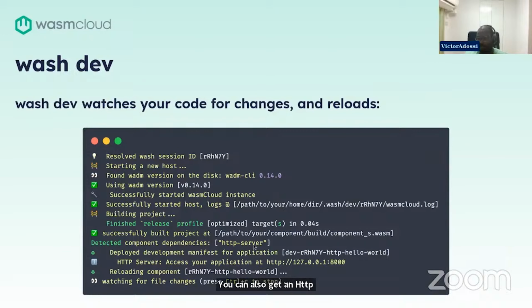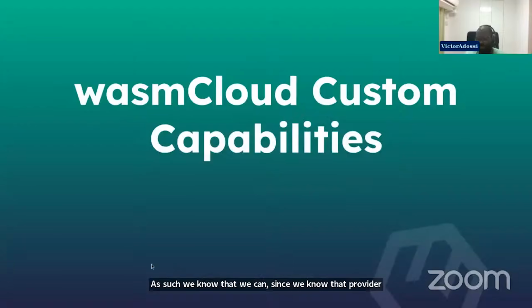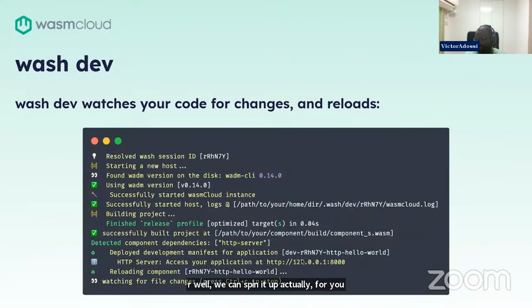We have our managed and officially supported capability providers, and HTTP server is one of them. Since we know that provider well, we can spin it up for you, automatically give you a place, and you can see it here, the third line from the bottom: we can figure out the address that the HTTP server is running at and tell you where to go hit. So while you're testing, you can just open up a web browser and take a look at what your component is outputting.